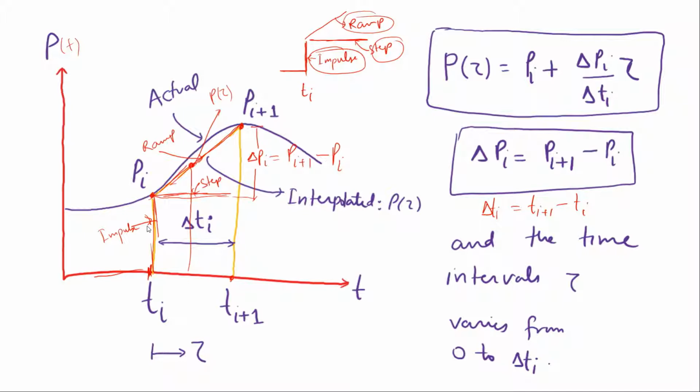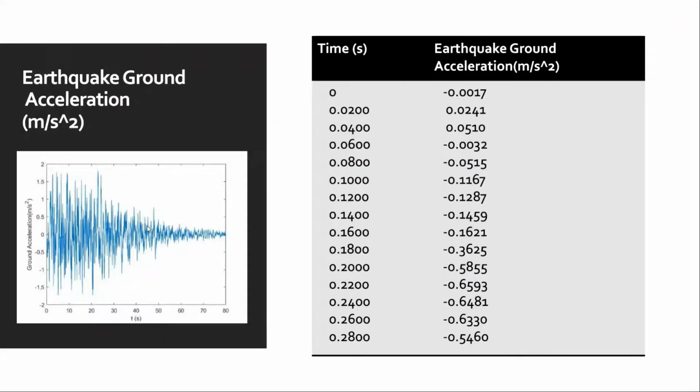So this is the del Pi, which is Pi plus 1 minus Pi. We know that when we are talking about the ground acceleration, these are the data which we are having. We can see here it is our earthquake ground acceleration, and these data are discretized in this manner: at 0 seconds the ground acceleration is this much meter per second square, at this second it is positive, then at 0.04 second it is this value, then again at 0.06 second it is a negative value.